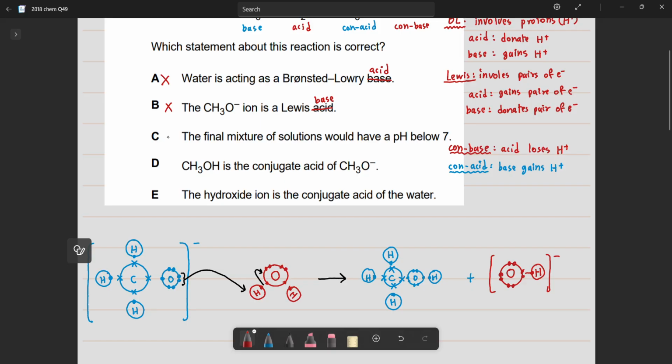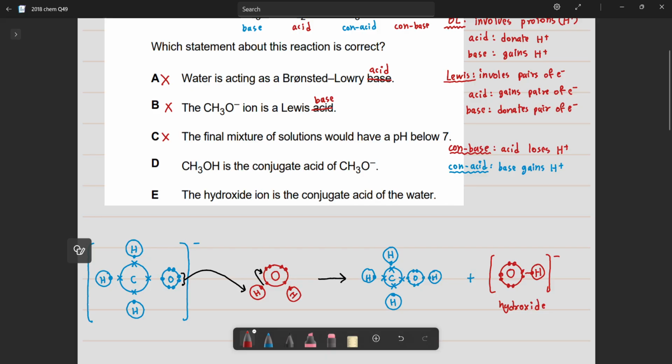Then we have option C, which says the final mixture of solution would have a pH below 7. We know pH below 7 is acidic, which is incorrect because we have the hydroxide ion here, which increases the pH above 7, making it a more alkaline solution. So this is wrong. Option D says methanol is the conjugate acid of the methoxide ion. Yes, this is correct.